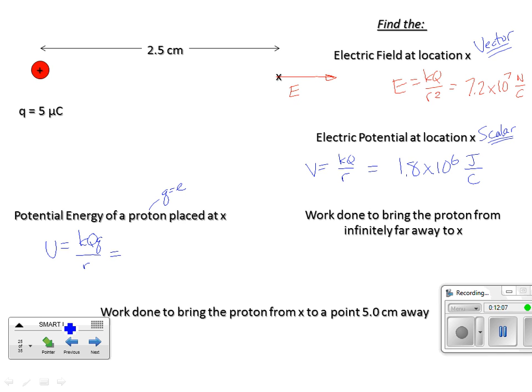Same charge there. So, let's see, 9e9 times 5e-6 times 1.6e-19 divided by 2.5e-2. I get 2.9, we'll call it, times 10 to the negative 13th joules.